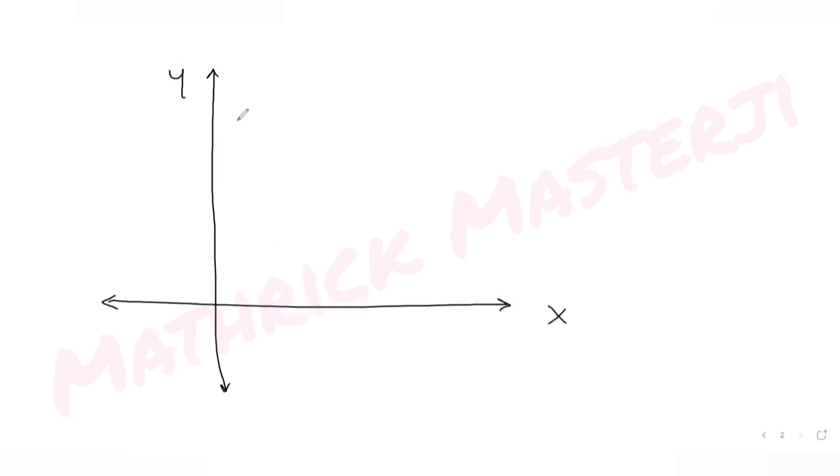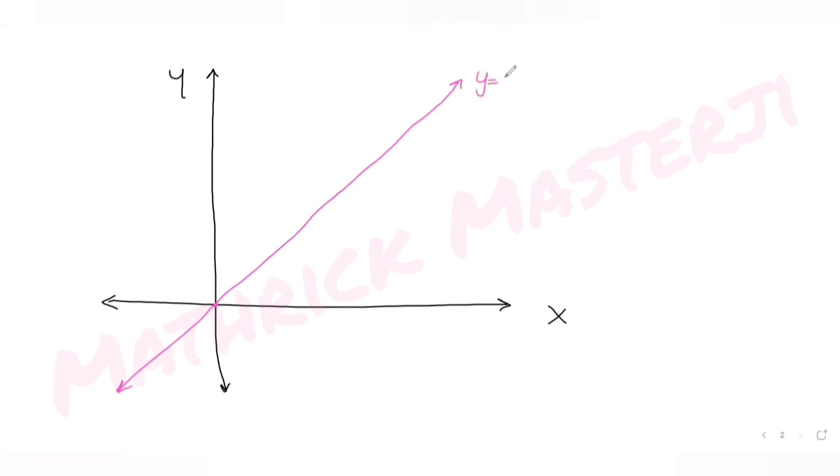I have my y-axis and the x-axis, and because I've been told the area of the region lies in the first quadrant, we have the first quadrant with us. The equation of the line given is y equals x. If I plot it, at x equals 0, y is 0, and whatever values of x there are, the same values of y are there.